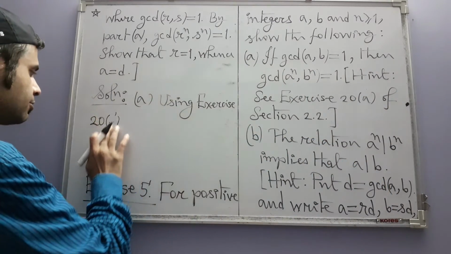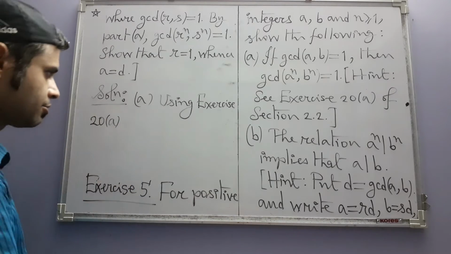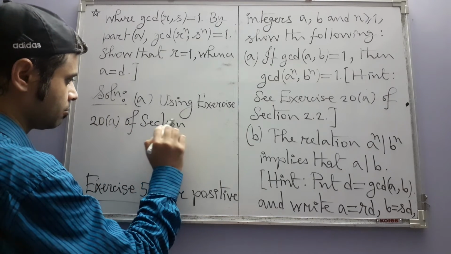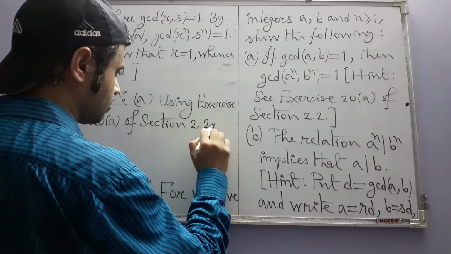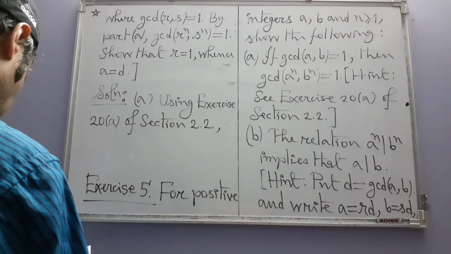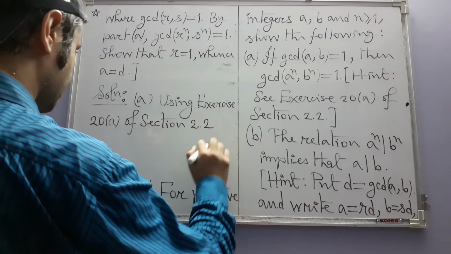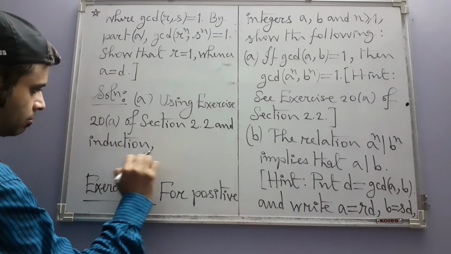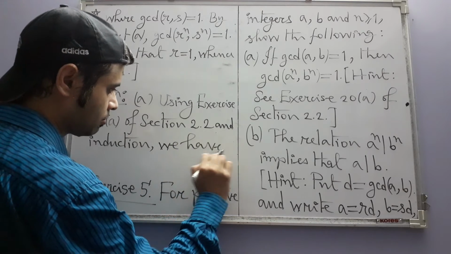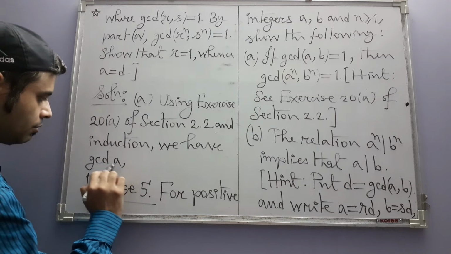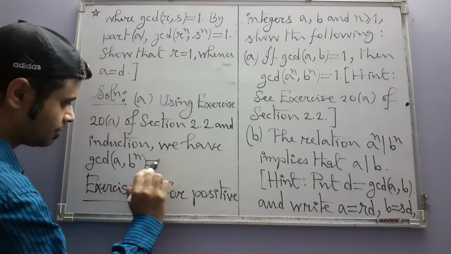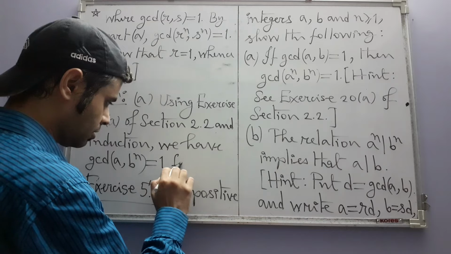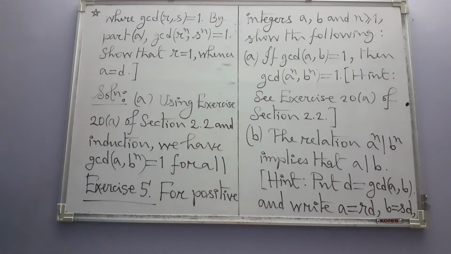You go back to this exercise and you will realize why it is part A. Of section 2.2 and induction, we have this thing: GCD of A and B to the power n is equal to 1 for all positive integers n.